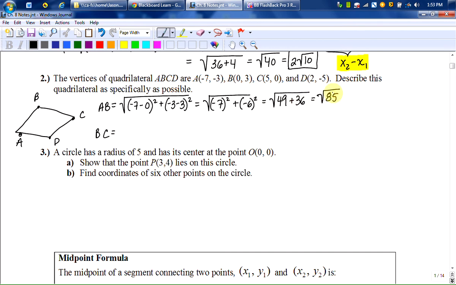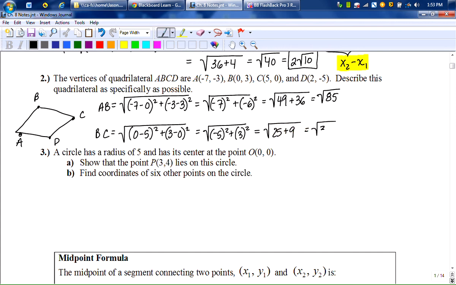There's my first distance. There's my second distance for my second side, so I can tell already that AB and BC are not equal. So I know that this is not a square.